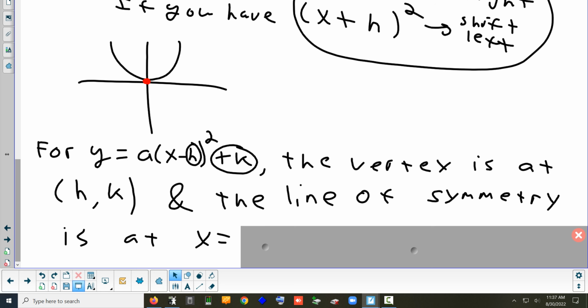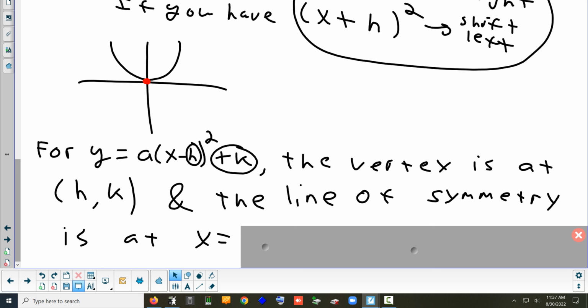A line goes up and down forever. What type of shift would have no effect on a line of symmetry? A vertical shift has no effect on a line of symmetry at all.